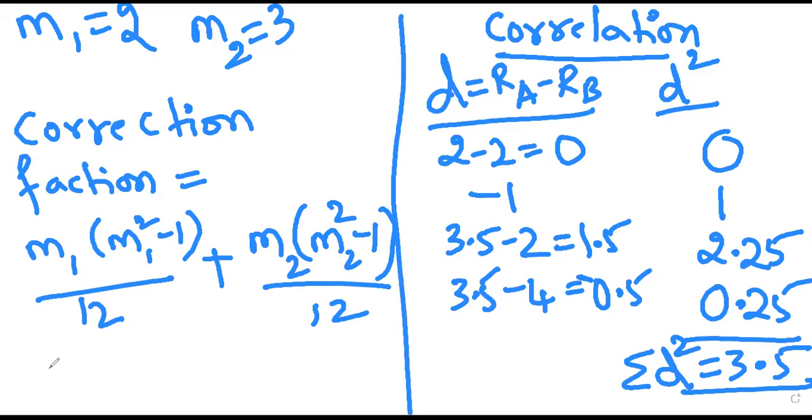What will be the answer? M1 into M1 square minus 1 is 0.5, I believe.